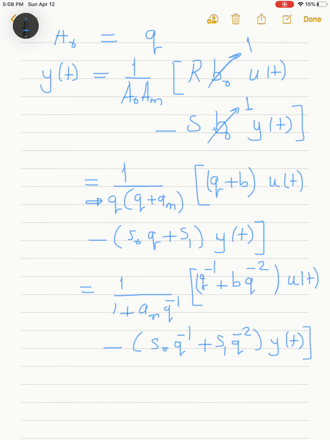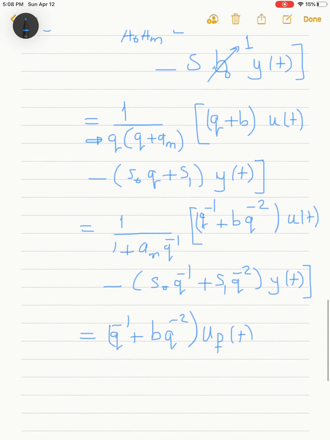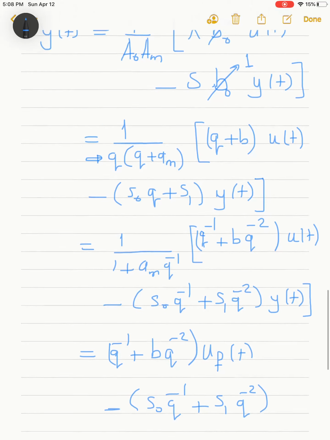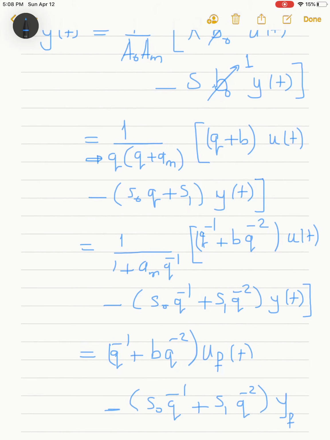Okay. So this can be written as (q^-1 + b q^-2) times the filtered signal of u, minus (s0 q^-1 + s1 q^-2) times the filtered signal of y.